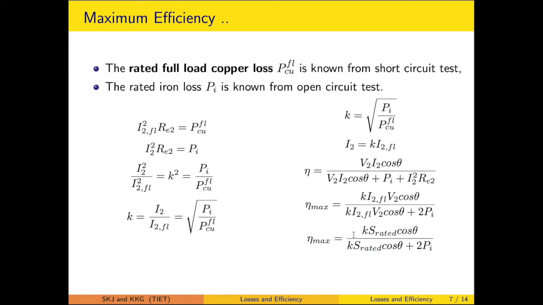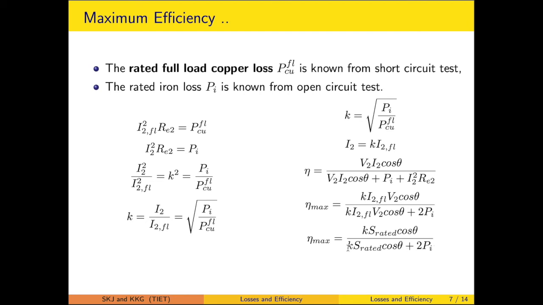So the expression of maximum efficiency will be K, which is the percentage loading level at which the maximum efficiency results, multiplied by the rated volt ampere rating into the cosine theta, which is the power factor, divided by this output plus the total loss.